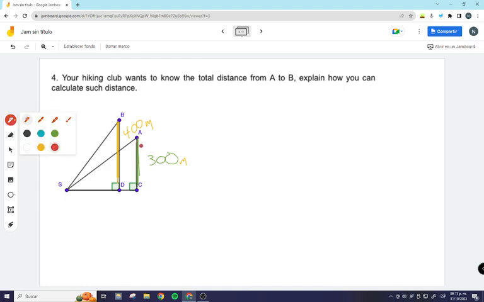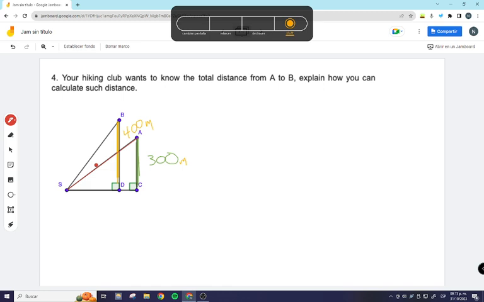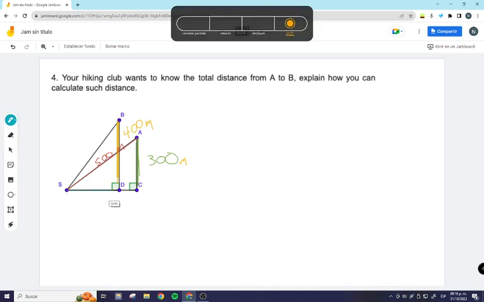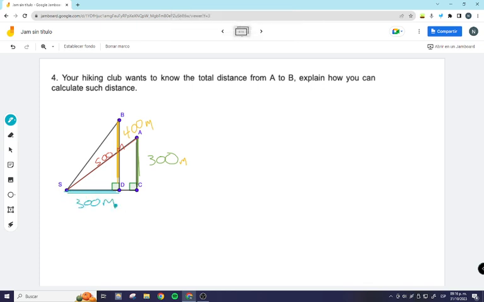I also used the red one. Oh, wait, 500 meters. I also used the blue one. 300 meters. Okay, your hiking club wants to know the total distance from A to B.